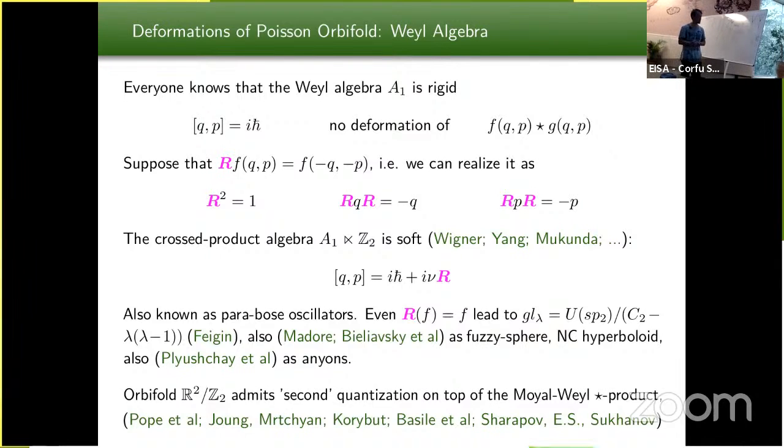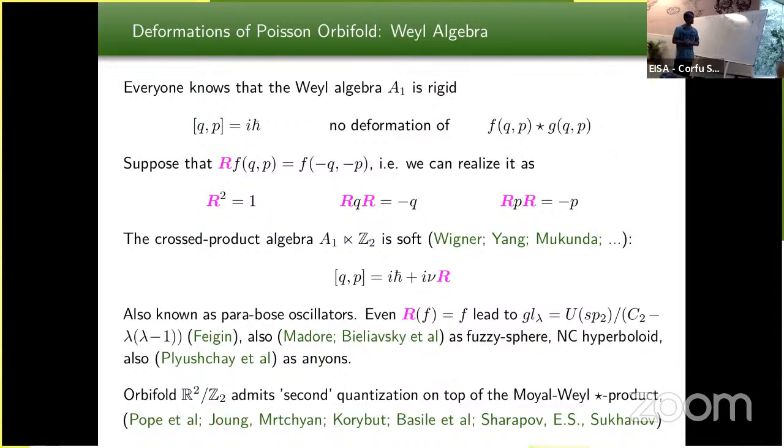So it flips the sign of Q and P. So this is one additional parameter ambiguity here. And this algebra, which is known since Wigner, is closely related to non-commutative sphere and was studied many times in the literature.